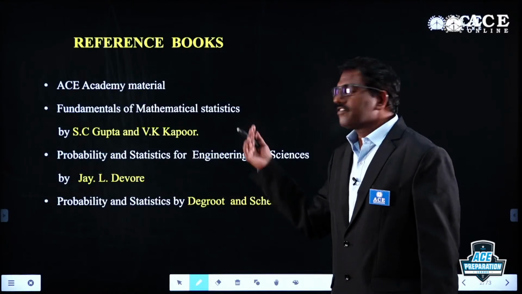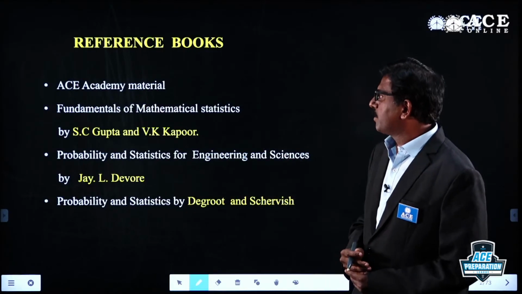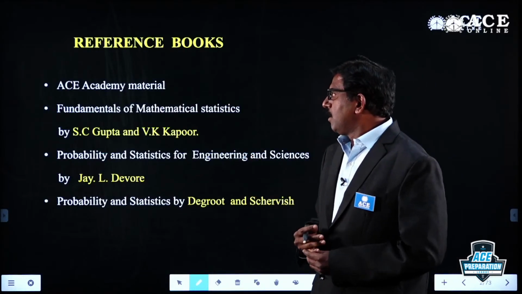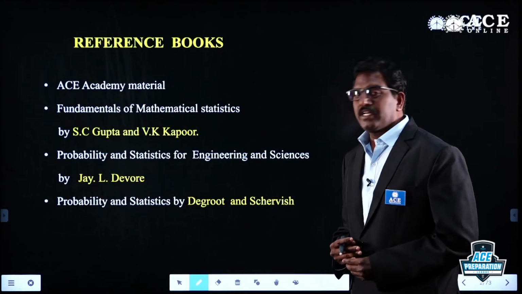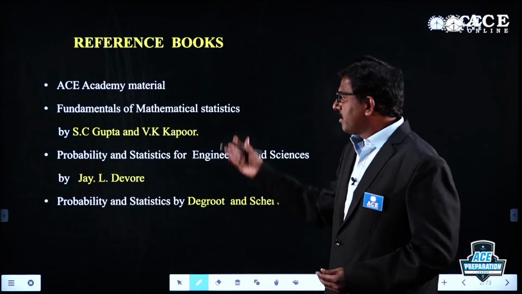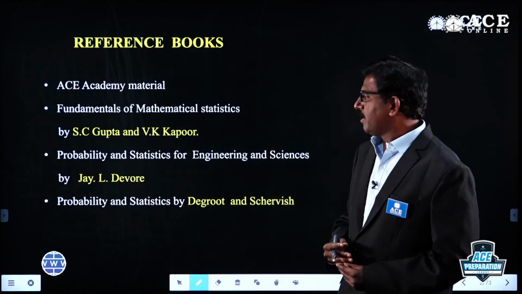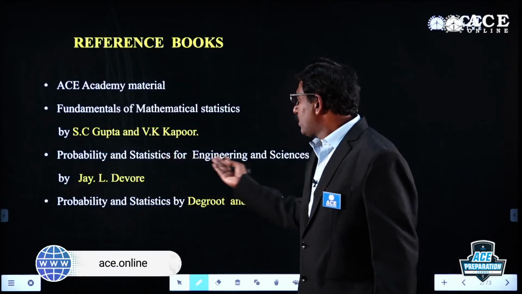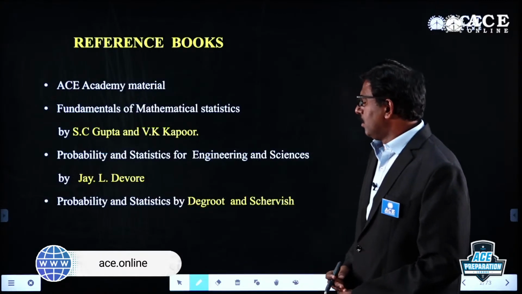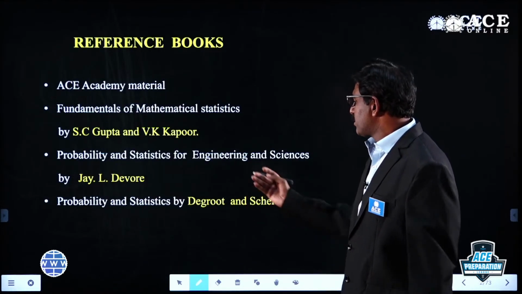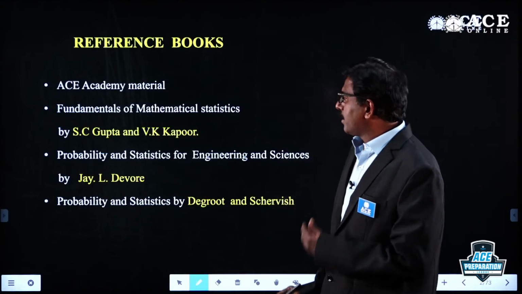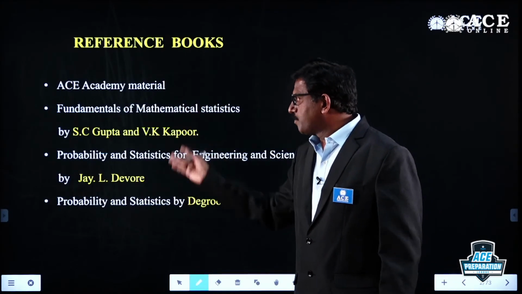Now, the reference books you have to follow for this particular topic are the ACE Academy material, Fundamentals of Mathematical Statistics by S.C. Gupta and V.K. Kapoor, which provides good theory and content, Probability and Statistics for Engineering and Sciences by J.L. Devore, and Probability and Statistics by DeGroot and Schervish.